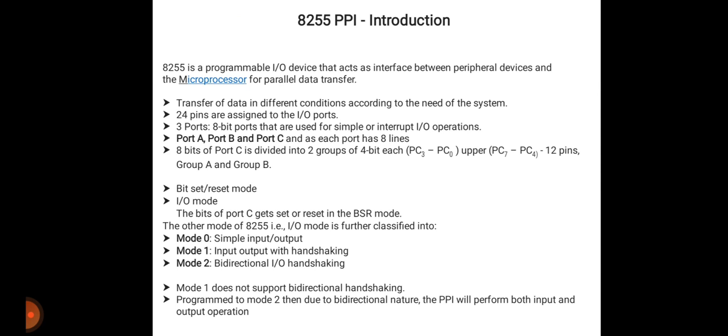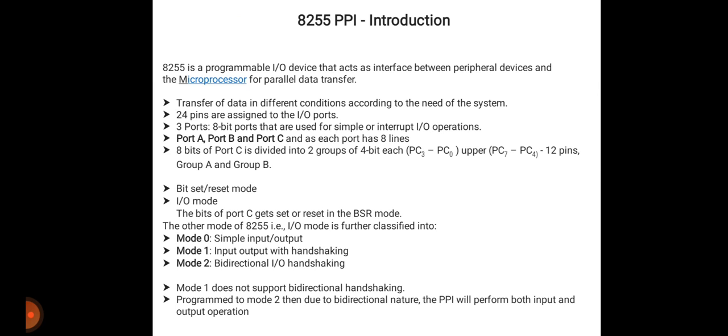These are given as port C lower, PC3 to PC0, and port C upper, PC7 to PC4, and are arranged in a group of 12 pins, each designated as group A and group B.